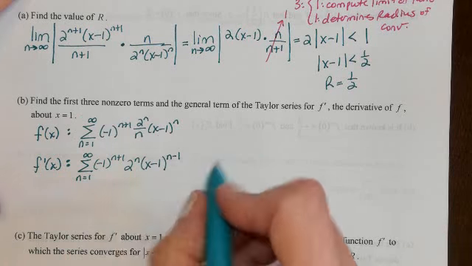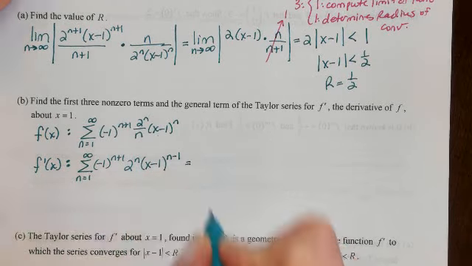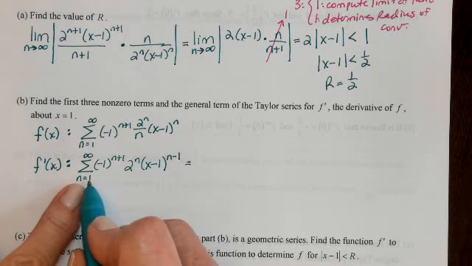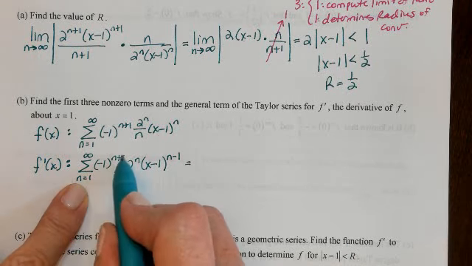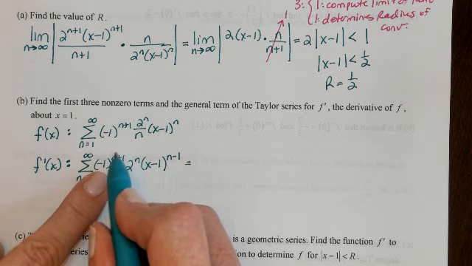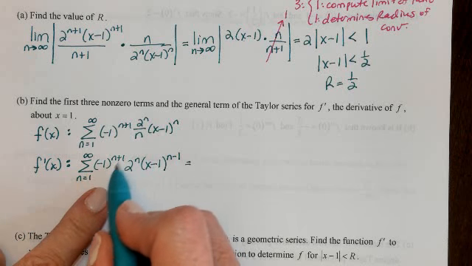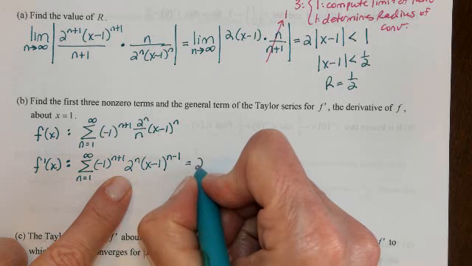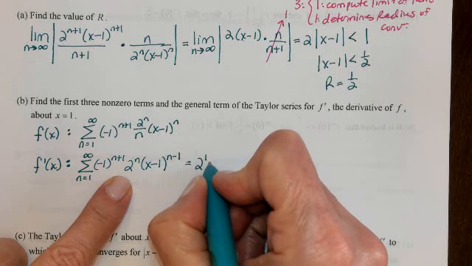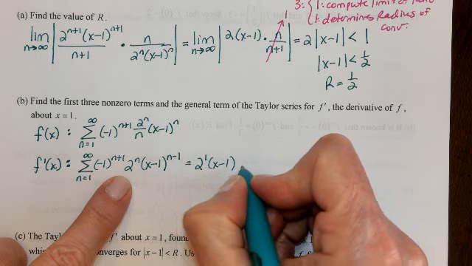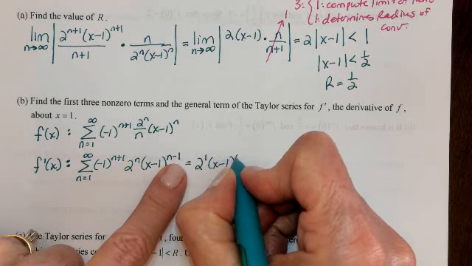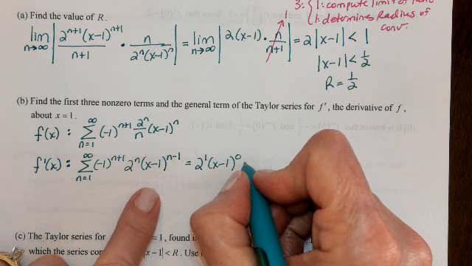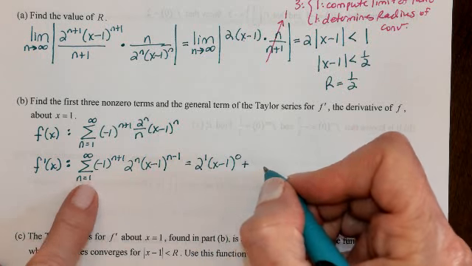They want us to write the first 3 non-zero terms. So I'm going to write the first 3 non-zero terms. We're starting n at 1, so the first power here on the negative 1 is 2, so that'll be a positive. So the first term is positive. Then we'll have 2 to the first, x minus 1 to the 0, right? Plus, now n is 2.